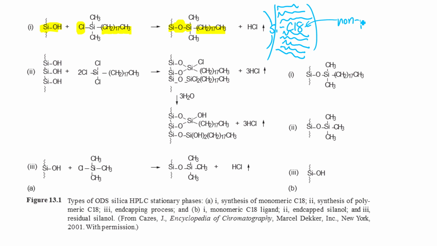Right, and C18 is the most common type of stationary phase. Now, sometimes we use C4s and C8s and different things. There's a variety of different things that we do. But to try to increase stability, we can try to cross-link these things so that they bind to more than one SiOH group, silanol group.